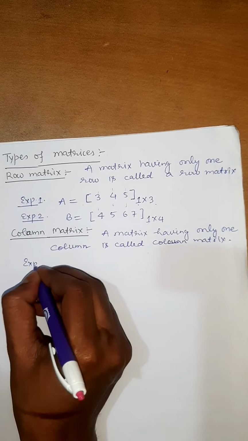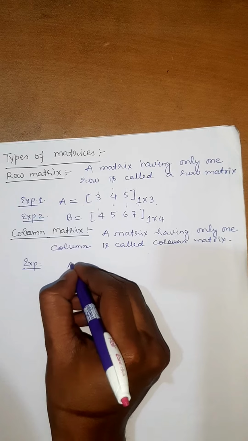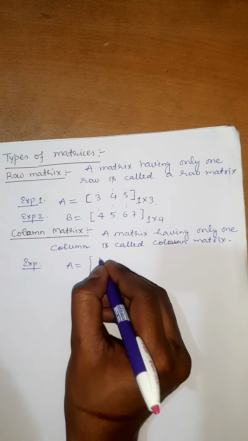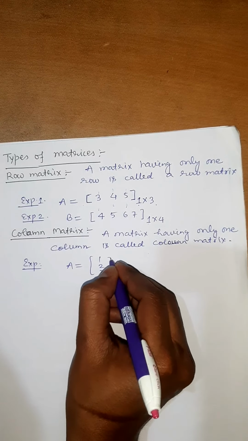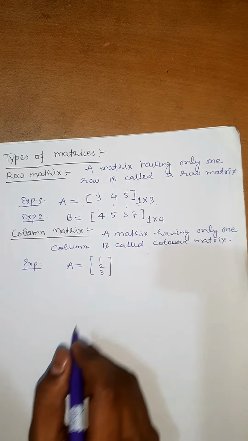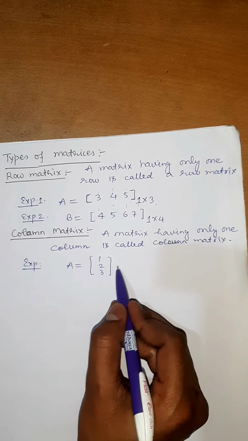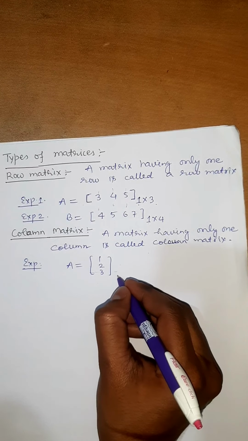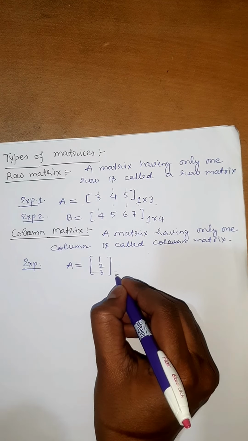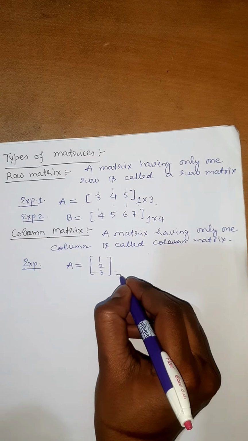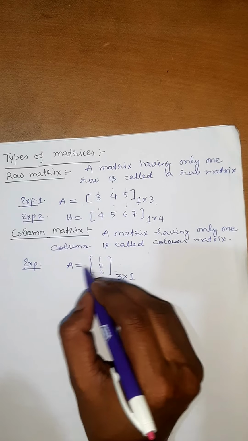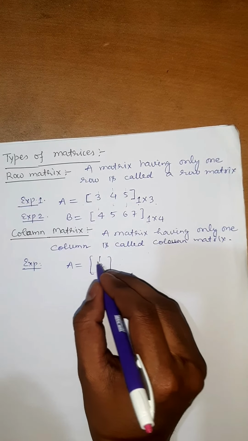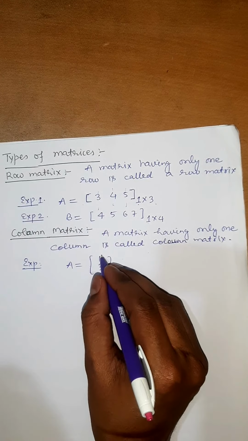For example, A is a matrix having elements in the form of this. So there is only a single column and 3 rows R1, R2 and R3. So this matrix is of order 3 cross 1 because this matrix contains 3 rows and a single column.